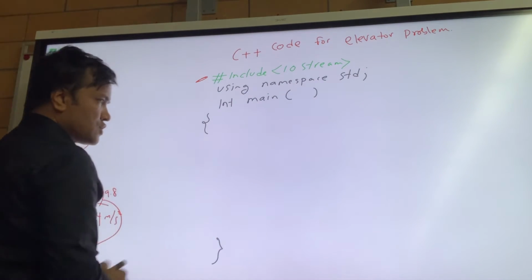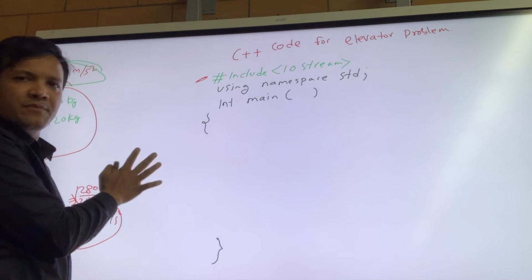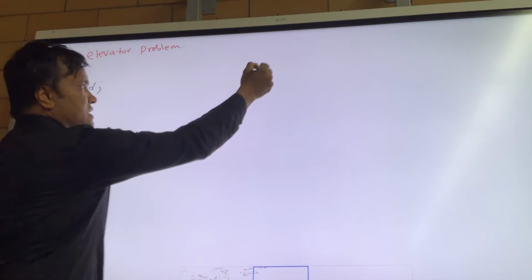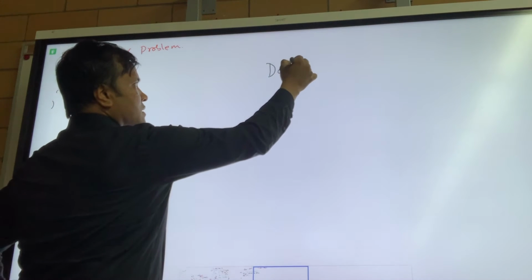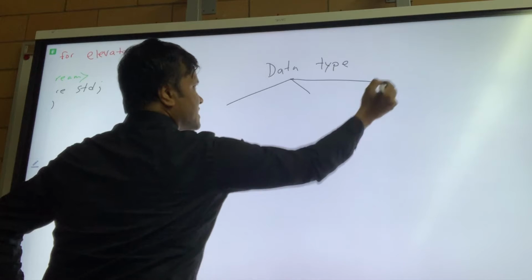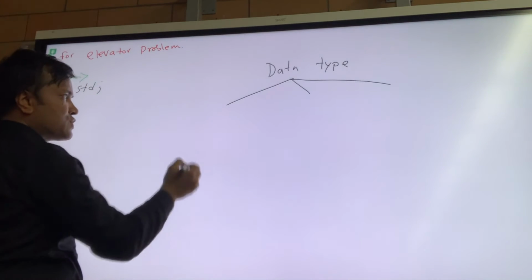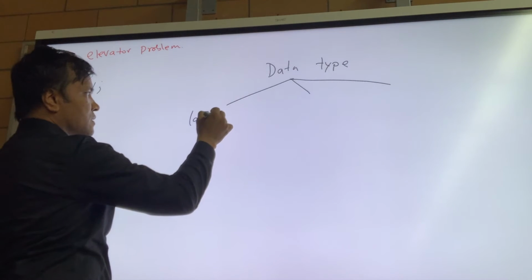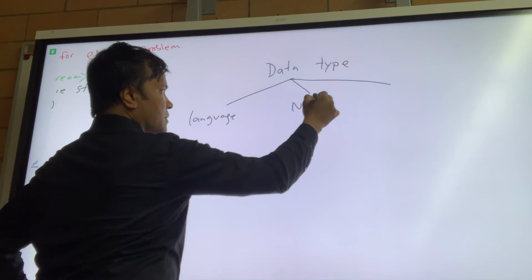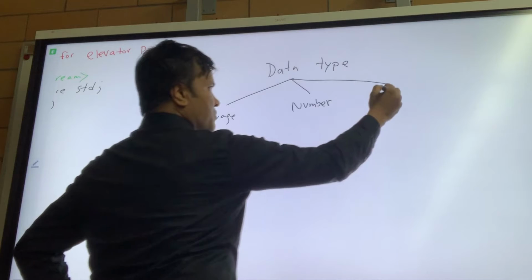All right, so let's talk about the data type before I finish this. There are three types of data type in computer science. The first one we're going to say language. The second one we're going to say number. And the third one we're going to say boolean.